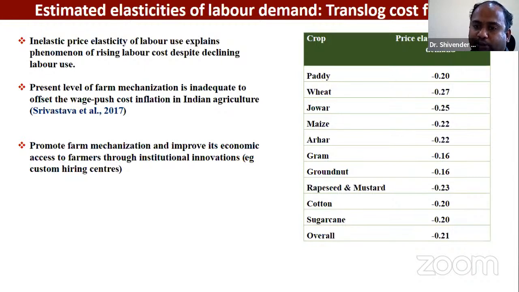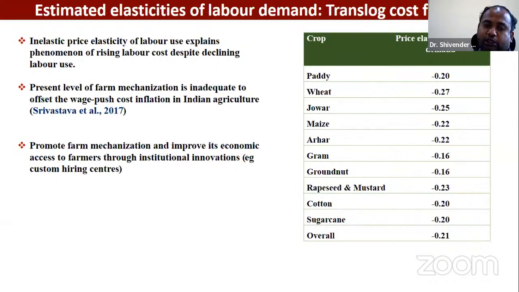This means that when wages increase, labor use should decrease, but it is inelastic. So if we increase the labor wage by 1%, the use of labor will decrease by less than 1%, so the cost of labor will increase due to the increase in wages.